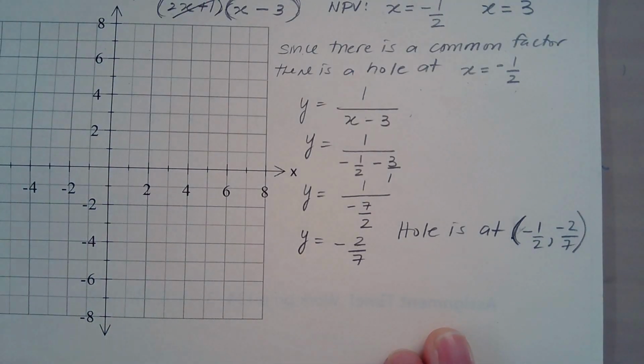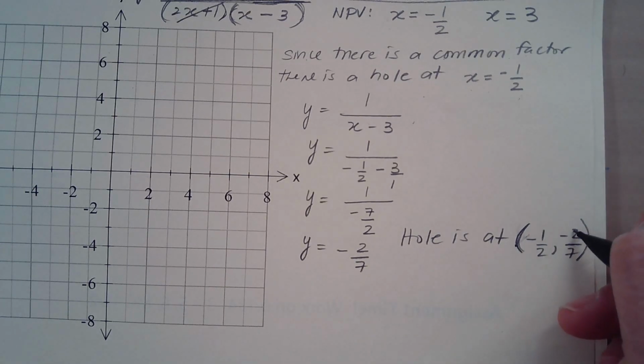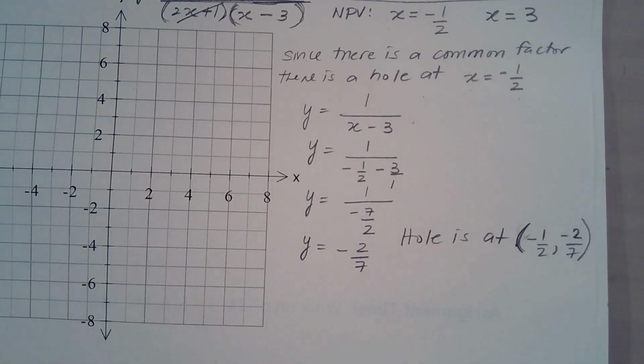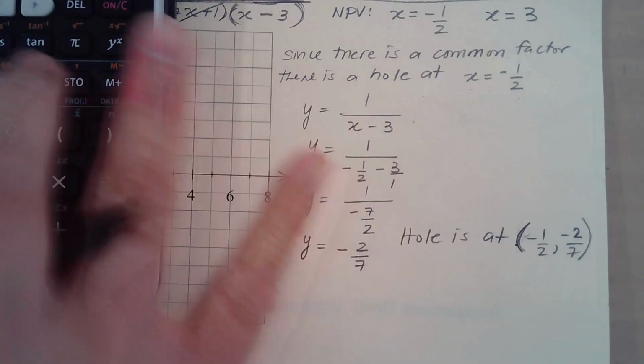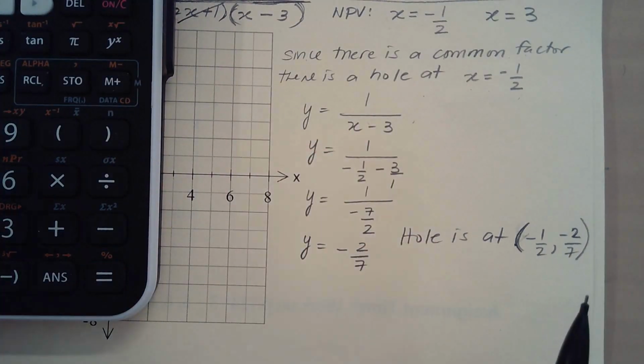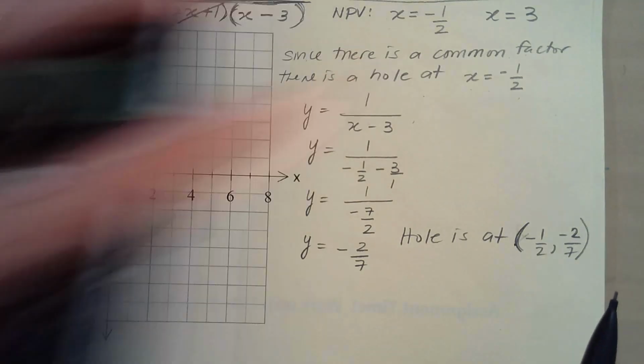Okay? And where's -2 over 7? 2 divided by 7 is about 0.285. Okay?